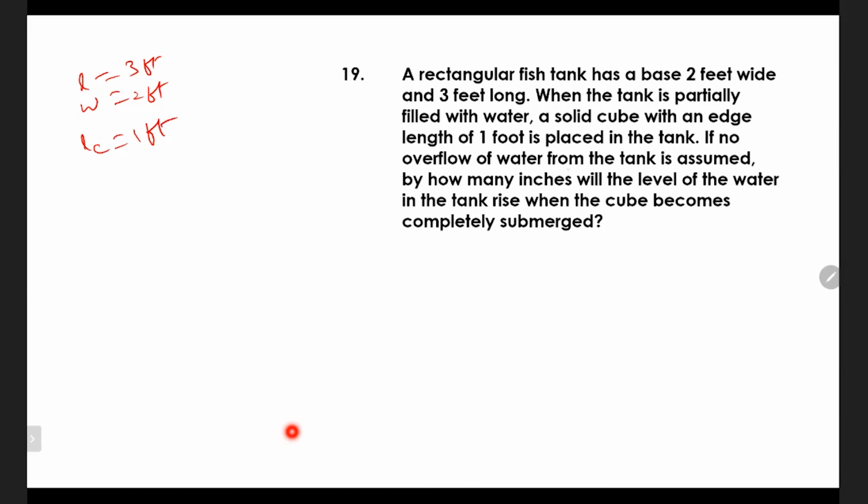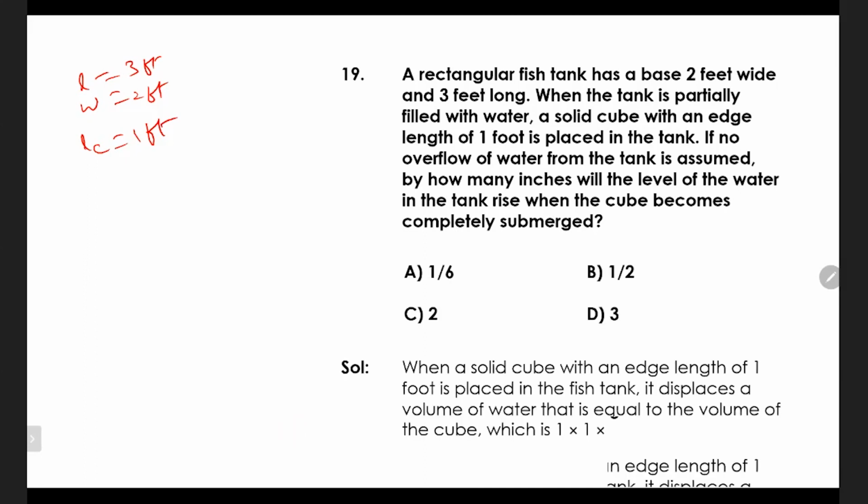If no overflow of water from the tank is assumed, by how many inches will the level of water in the tank rise when the cube becomes completely submerged? Water displaced is equal to the volume of the cube.